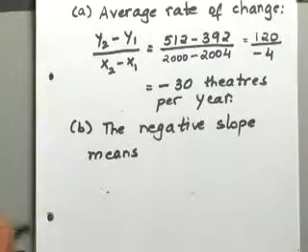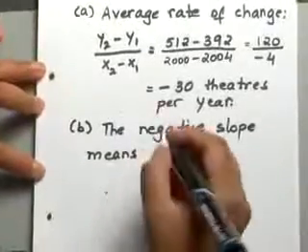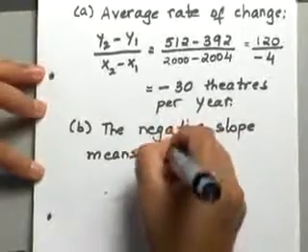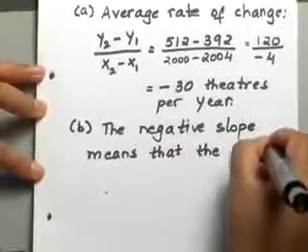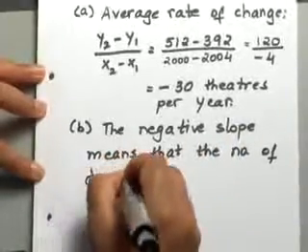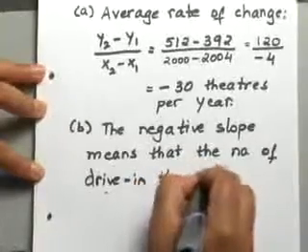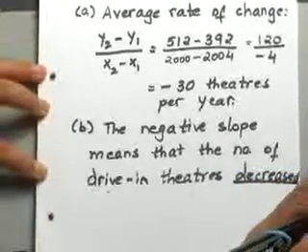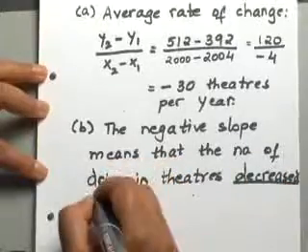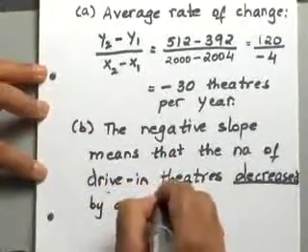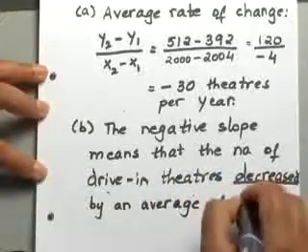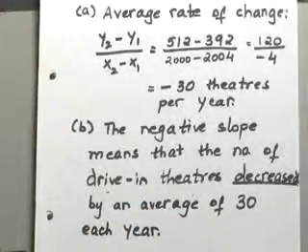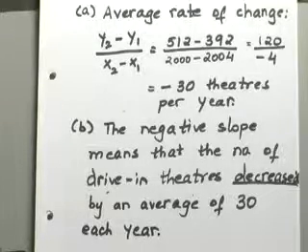So over the course of these 4 years, on average, every year we've been losing approximately 30 drive-in theaters. All right, and that basically takes care of section 7.1.